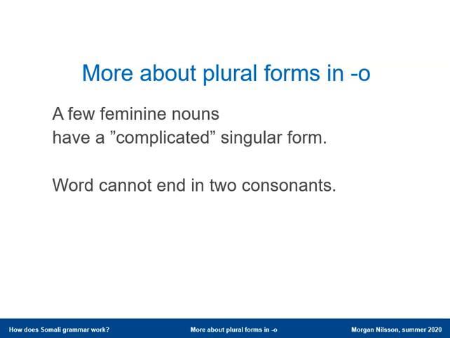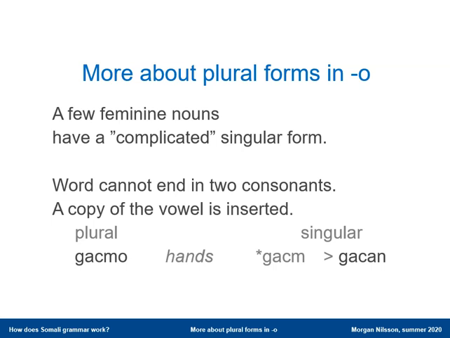Also in Somali, words cannot end in two consonants. So that also is the reason for a couple of complications. So if a stem of a word ends in two consonants, which we can see in the plural, like gacmo, hands, where we have two consonants before the plural ending o. This is not possible in the singular, and instead we have to add a vowel in the singular between the two consonants.